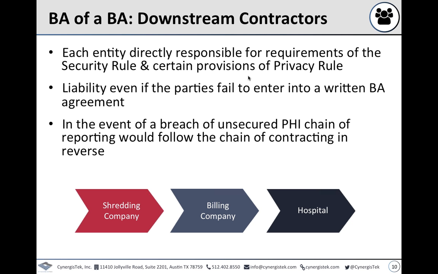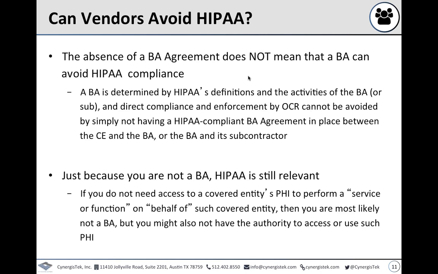If there were to be a breach at the waste company, the can falls off the truck and spreads paper all over the highway. Well, that would arguably be a breach, and under the requirements of the business associate contract and the breach notification rule, the shredding company would notify their BA, which was the billing company, who would in turn notify the hospital that there had been a breach.